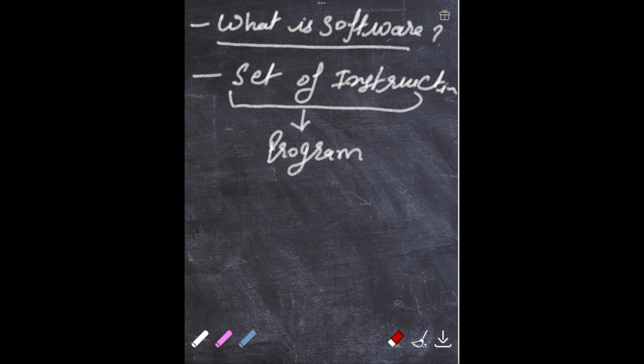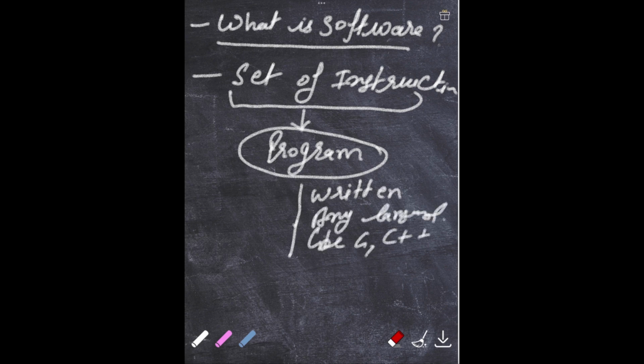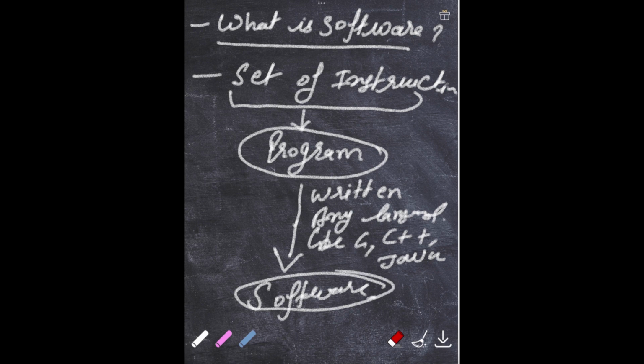A set of instructions is actually a program, and a program can be written in any language, like C, C++, Java. All computer languages are used for writing programs. A set of instructions is called a program or software.